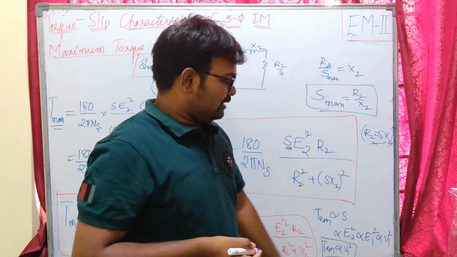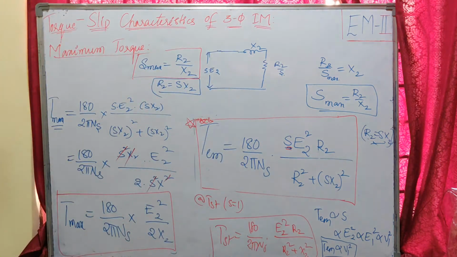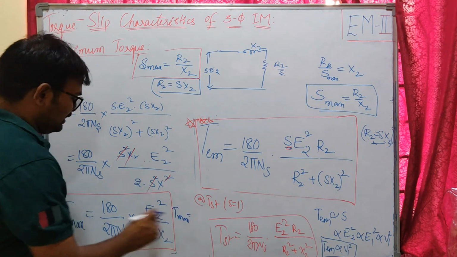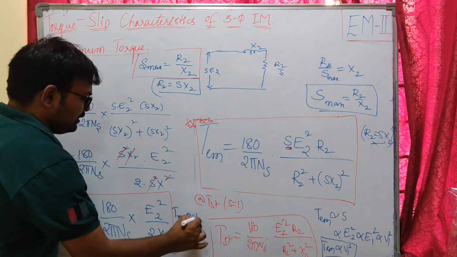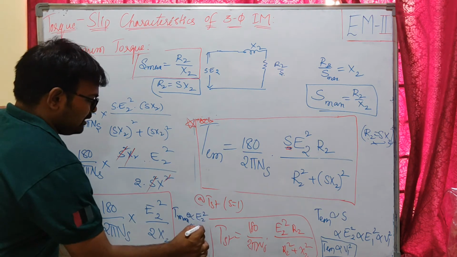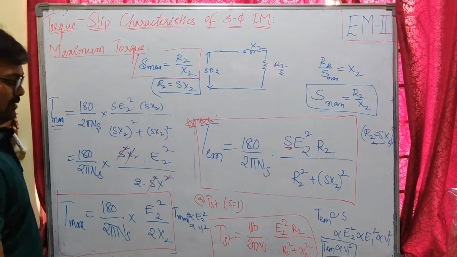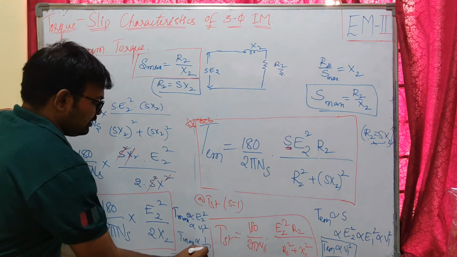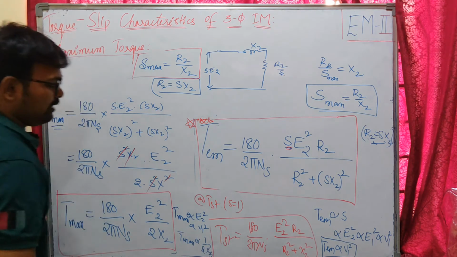V1 is our supply voltage. In the maximum torque, T max is also proportional to E2 square, so it is also proportional to our supply voltage square, and T max is inversely proportional to 2 times the leakage reactance of our rotor.